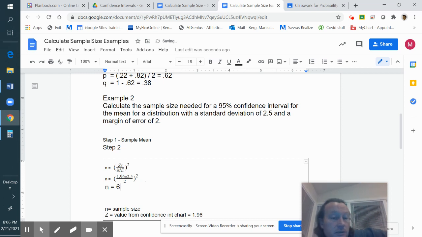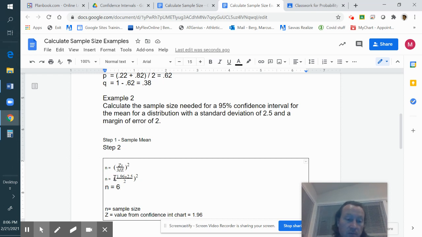But that cuts us into the t chart, which, because the z and the t are different values, you might want to go up to about 30 if we want to do this. You could use the t chart. It will give you a bigger margin of error because that's a bigger value.